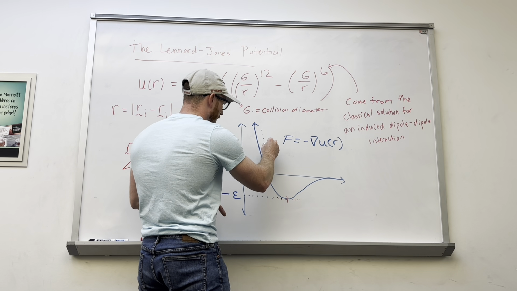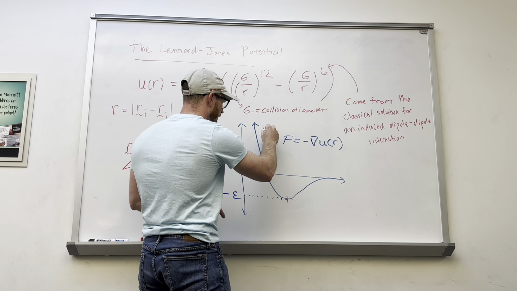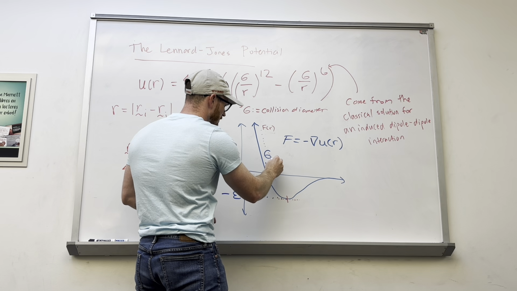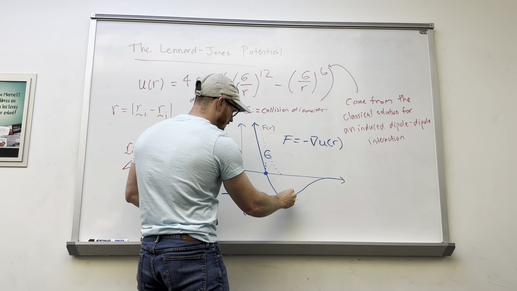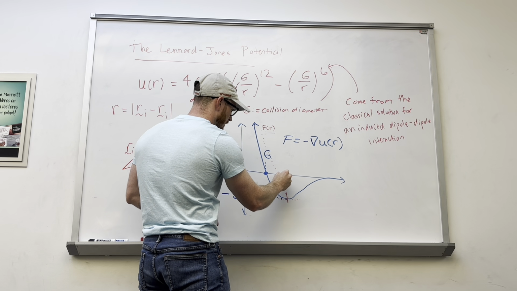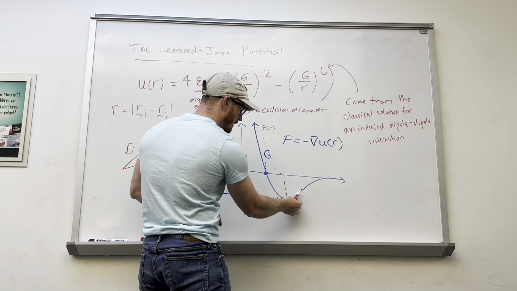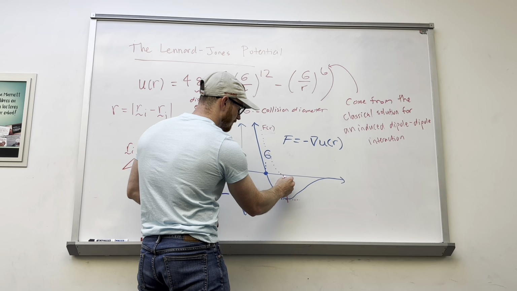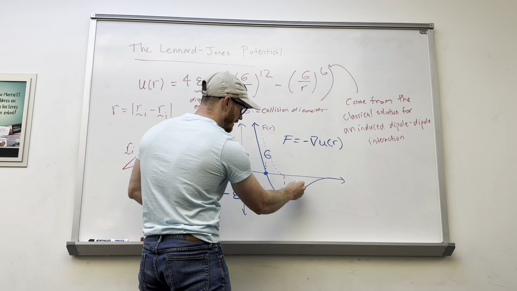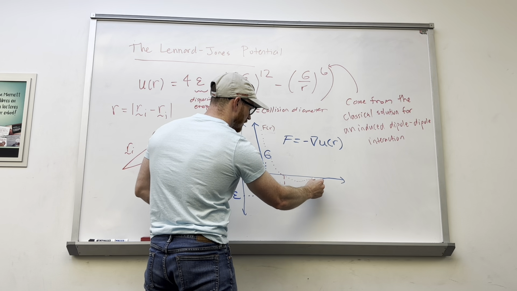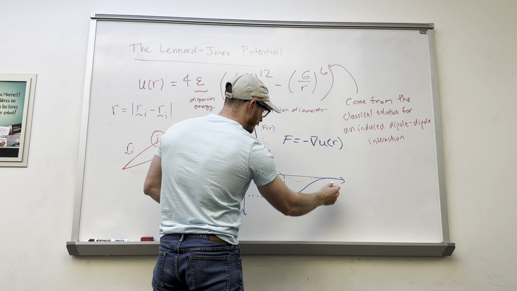This is the force as a function of R. It's going to be positive until we hit this point. Then we have a positive derivative, but we have to take the negative sign. So now we're going to go negative. We're going to come down here, and then the magnitude's going to start shrinking until we go to 0.